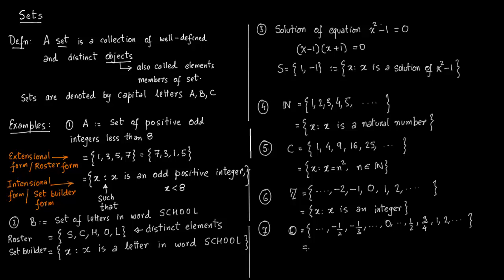So it is a big set. Integers are contained within rational numbers. So how do we write it in set builder form? We write it as a divided by b, where a is an integer and b is an integer, but b is not 0. So the denominator is not 0.